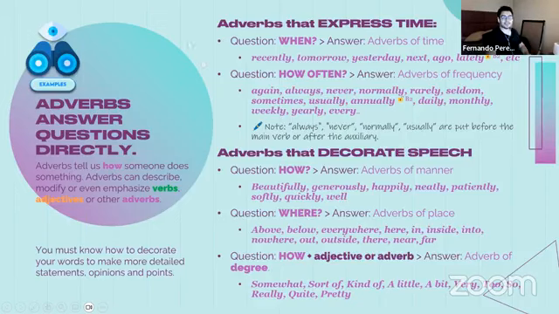Let's try to use some examples similar to Elsie's exercise, similar to Jimena's exercise. Let's try with Jessie. Jessie, give me an example using the word quickly.